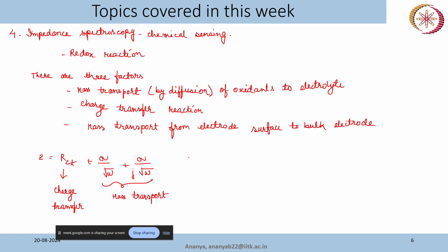Now we can measure the impedance of an electrode system using an AC signal, and based on the frequency of the AC signal, either the diffusion of reactants from electrolyte to electrode or electrode to electrolyte is dominant, or the charge transfer reaction, the reaction kinetics, is dominant.